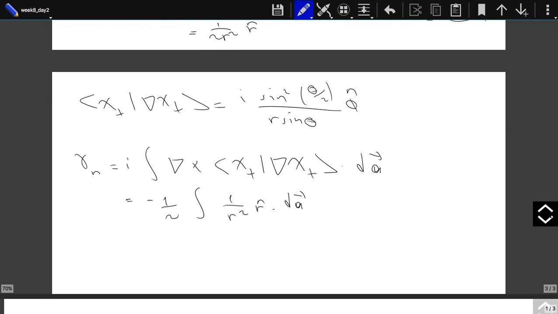But this combination is nothing but the differential solid angle. So we have the area, we take the component that is perpendicular to the radius vector and divide by r squared. That's the definition of the solid angle. Are you familiar with solid angles? So let's just divide over the radius squared. And so we obtain our result, minus gamma over 2.